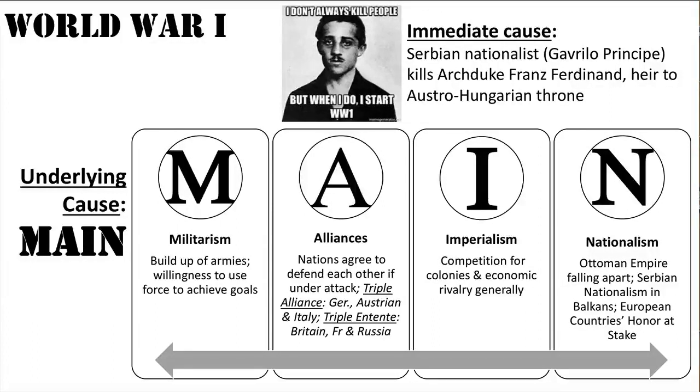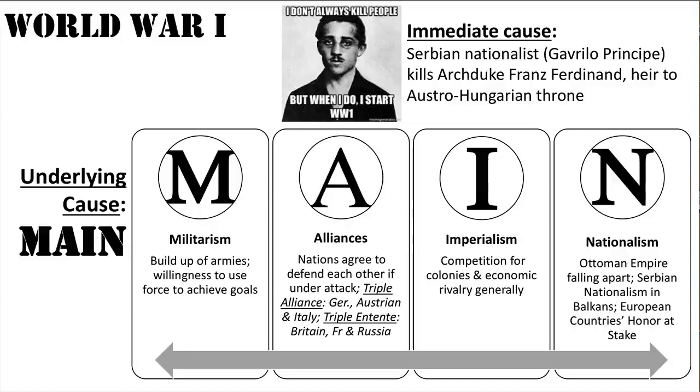If you saw the relative size of Serbia versus the Austrian-Hungarian Empire, they would have gotten their butts kicked. Serbia is under the protection of Russia. Russia's going to help out Serbia, and then basically the dominoes start to fall. All right. So that's the immediate cause. The immediate cause, the thing that sets off World War I, is the death of Archduke Franz Ferdinand.